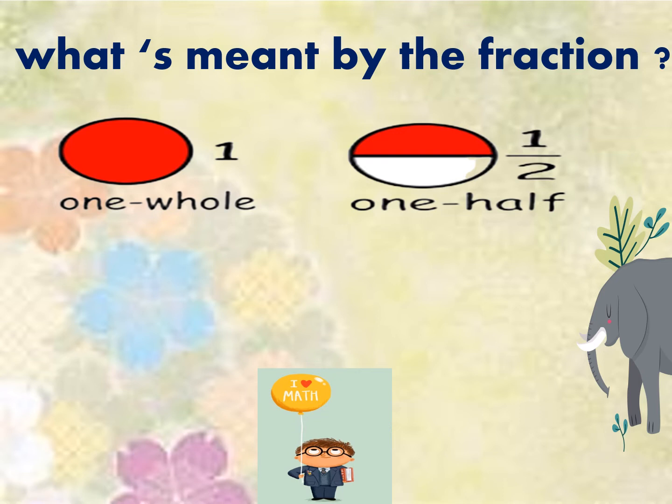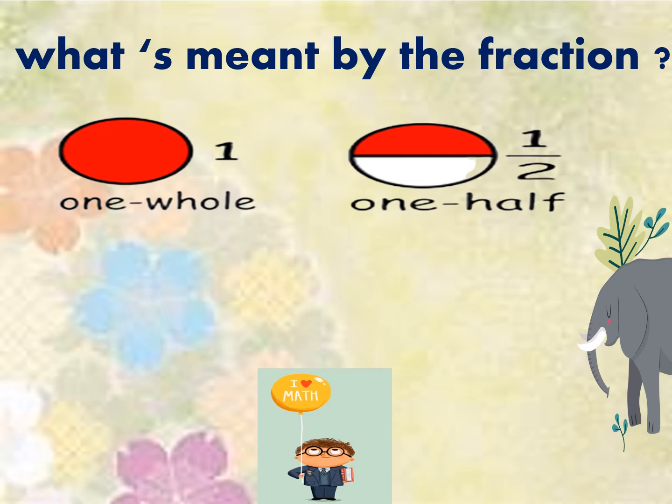Here the colored part is 1, and the total I have divided into 2, so I will write 2. So how can I read it? 1/2 or 1 over 2.